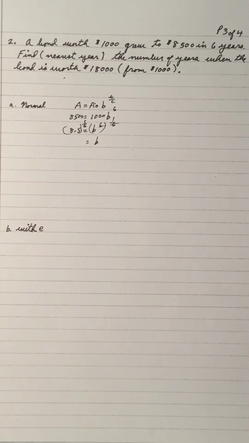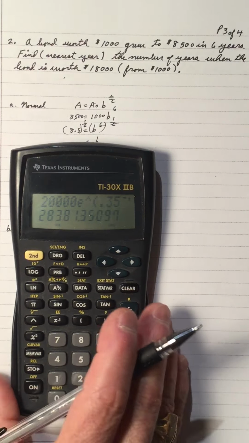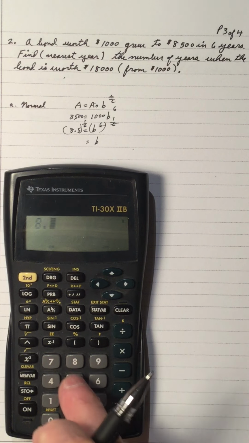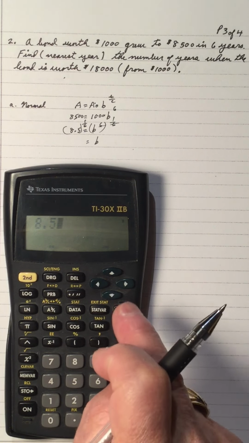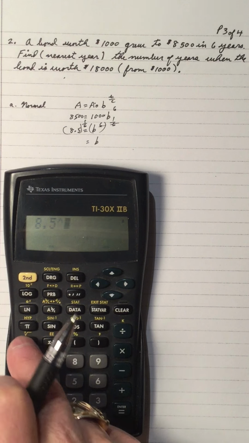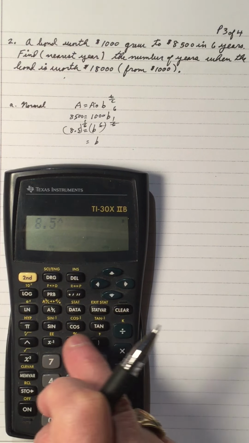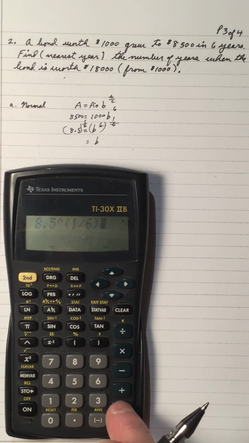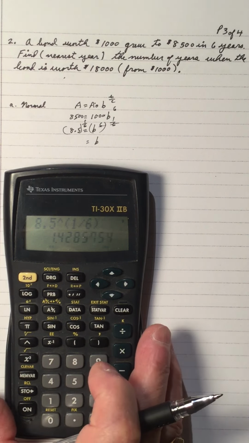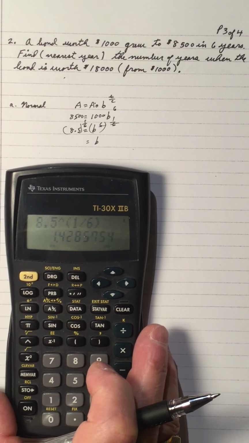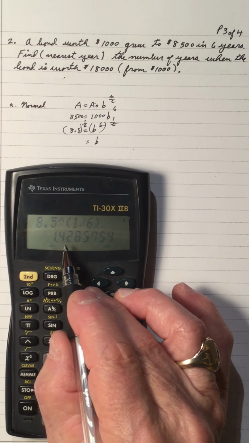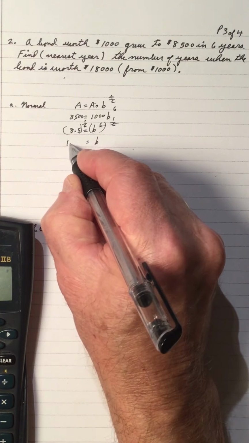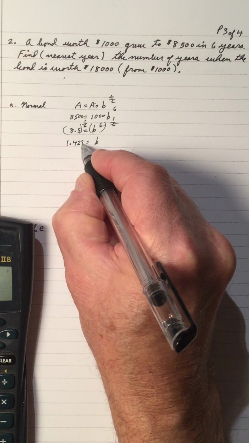I'll work that out with a calculator: 8.5, the power button, and 1/6, so we put a bracket and go 1 divided by 6. We get 1.4285, so let's call it 1.42.